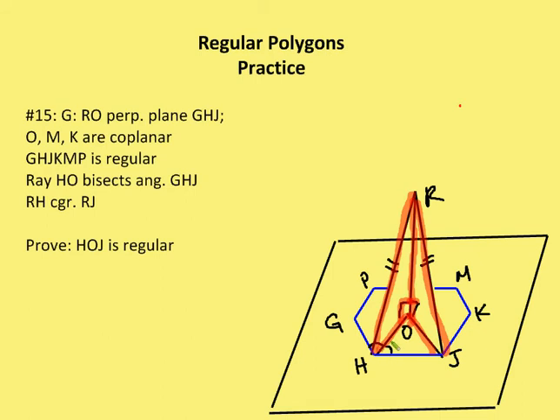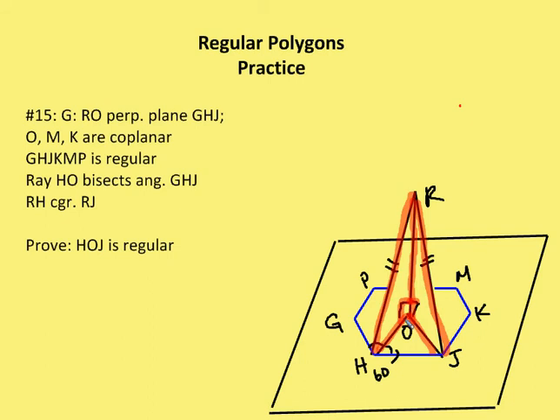Now I can also figure out what the measure of angle OHJ is, because I know in a regular hexagon, and we did this from the last problem, the sum of the measures of all the interior angles in a hexagon is 720. Each interior angle, therefore, must be 120 degrees, which means that in this case, OHJ is 60 degrees.